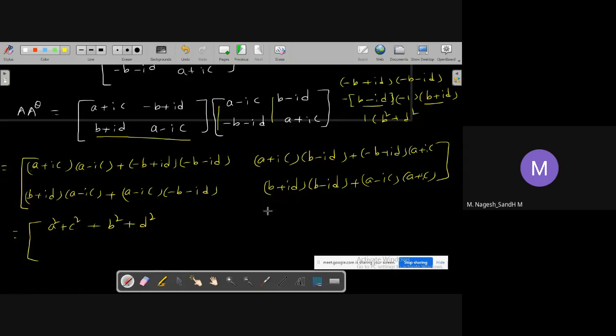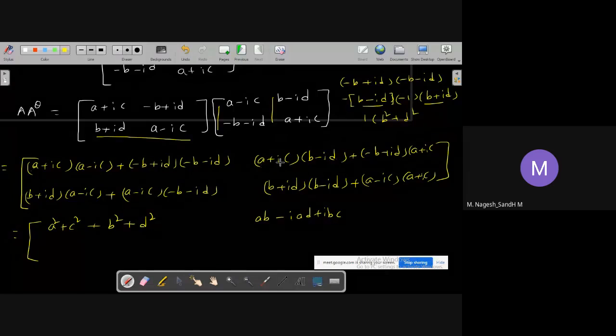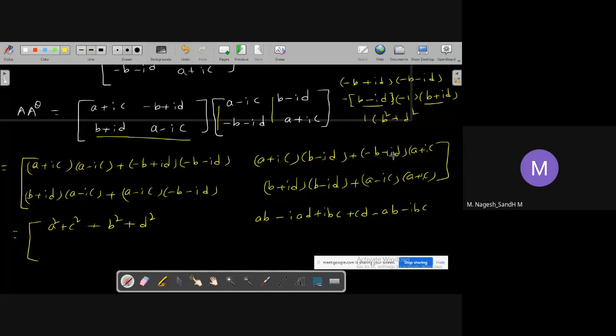Next, a into b, ab; a into minus id, minus iad; a into ic, plus iac... Next, ic into b, plus ibc; ic into minus id, minus i square cd, which is plus cd. Next, minus b into a, minus ab; minus b into ic, minus ibc; id into a, plus iad.